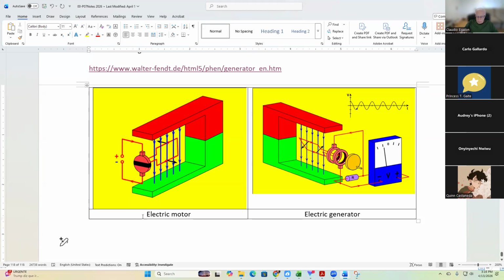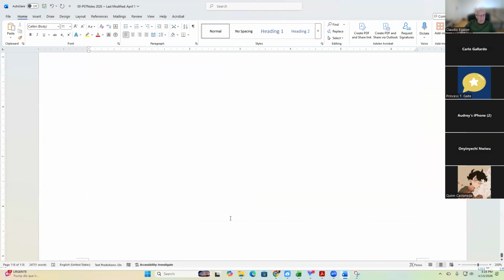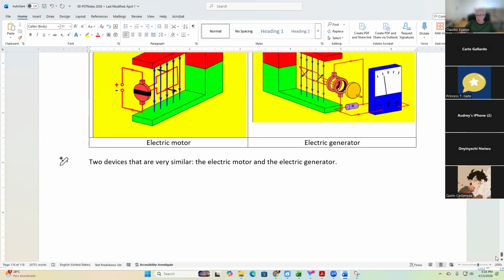Okay, so two devices that are very similar. The electric motor and the electric generator. They're similar in the sense that the one is the opposite of the other.